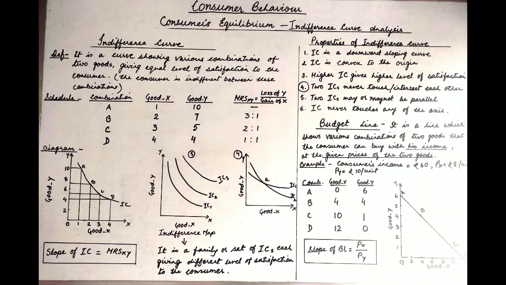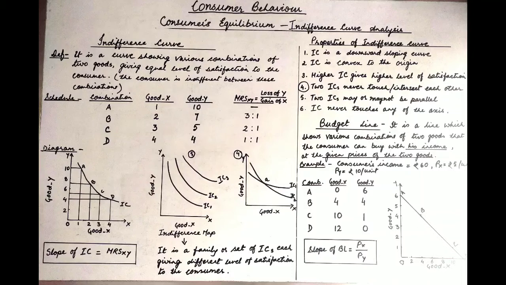The third property is higher indifference curve gives higher level of satisfaction. An indifference curve which lies above and to the right of another indifference curve gives a higher level of satisfaction.